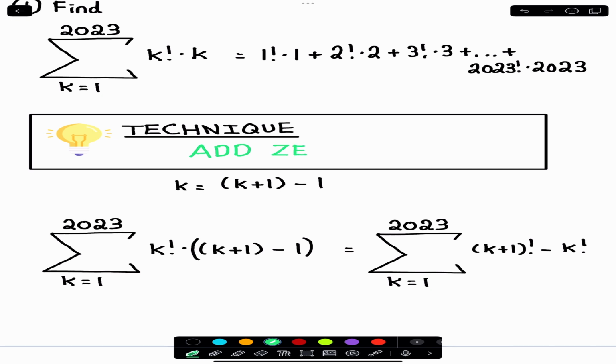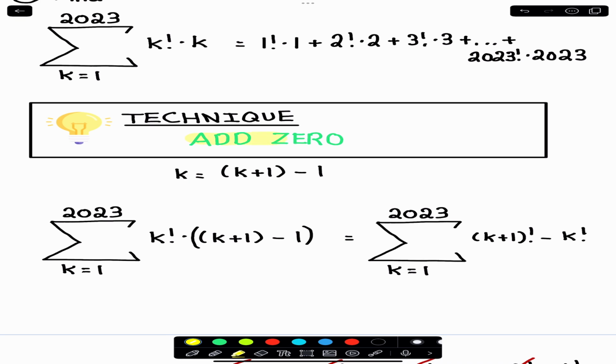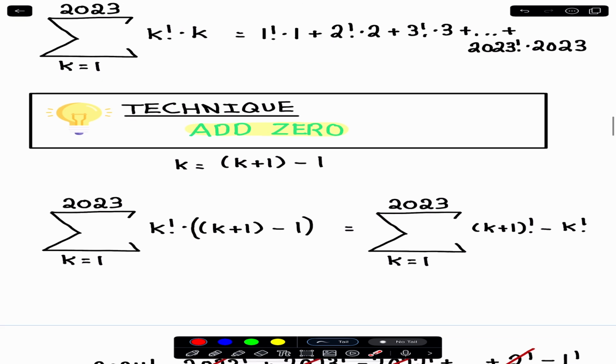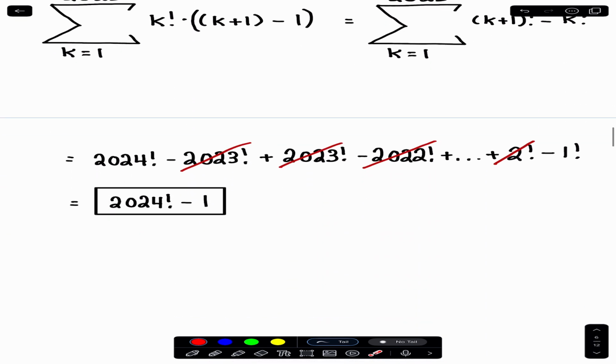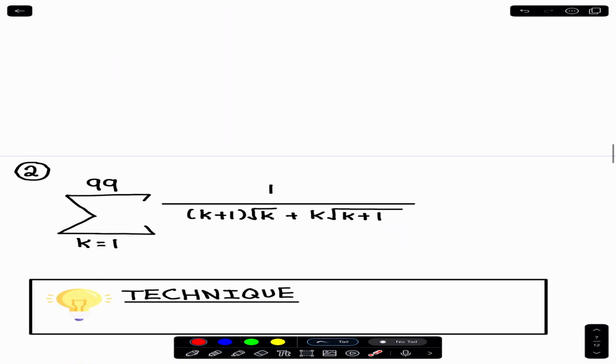You're going to be seeing this a lot in math and higher level math in general, so better get used to it, okay? This was our first technique, add 0. That's what we did over here. That's the only way we got our terms to collapse. That sound good? Cool. Let's go on to question 2.